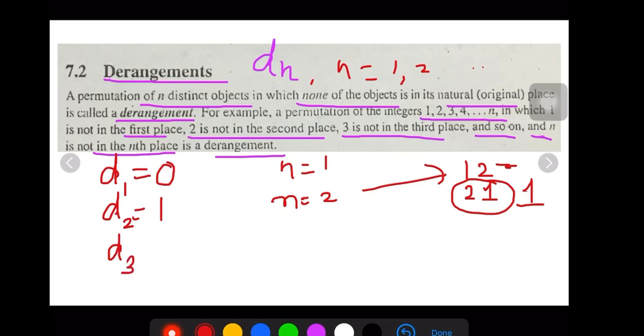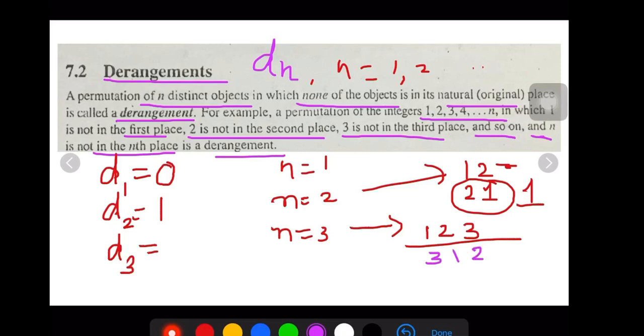Similarly, D3. Let me take n as 3, which means the original places are 1, 2, 3. The rearranged places could be of this form: place 3 here, 1 here, 2 here. That is one option.